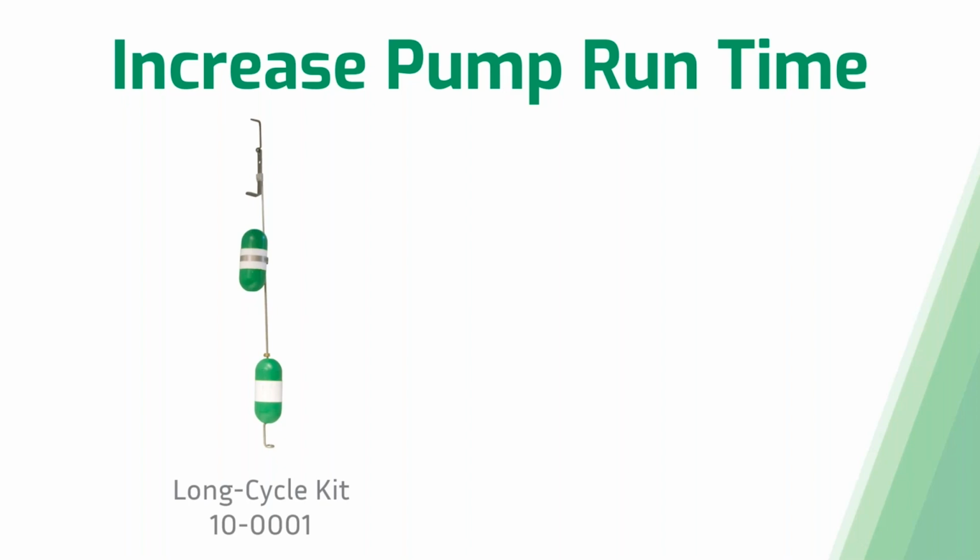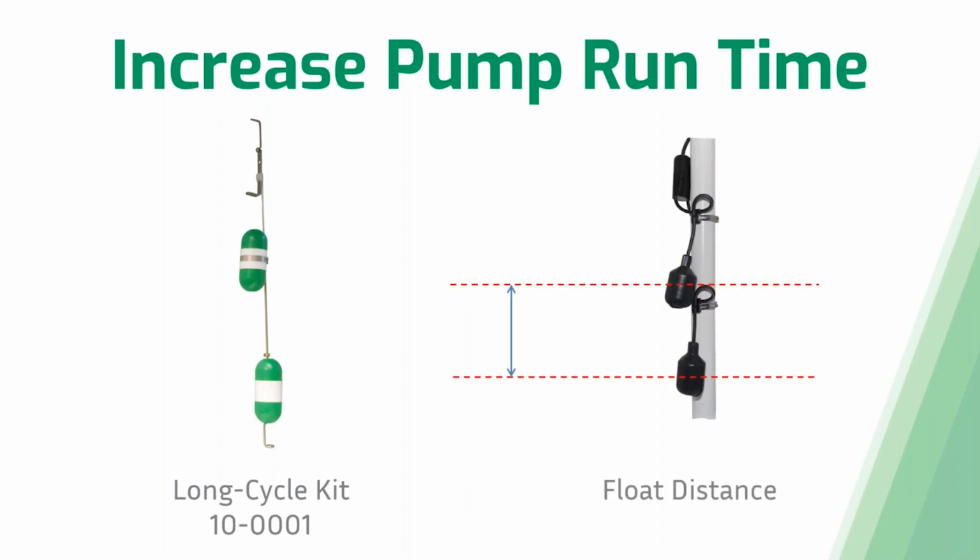This will increase the amount of storage inside of that pit before that pump is called to run, thus increasing the off time as well as reducing the number of starts per hour. And then for automatic systems, the main way that you can increase runtime is by increasing your float distance between your off float and your on float, thus reducing the number of starts per hour.